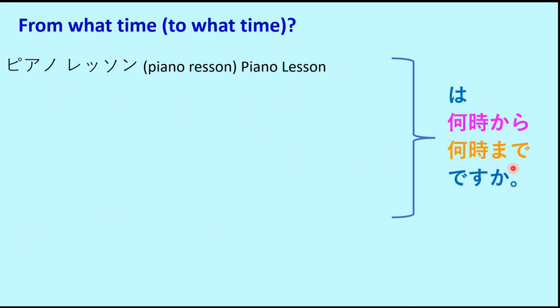Piano lesson, that is piano lesson. Piano lesson wa nanji kara nanji made desu ka? Piano lesson wa 6時から8時までです。郵便局、ポストオフィス。郵便局は何時から何時までですか？郵便局は午後7時半までです。That means the post office is until 6:30 p.m. So this question is only for the final time.